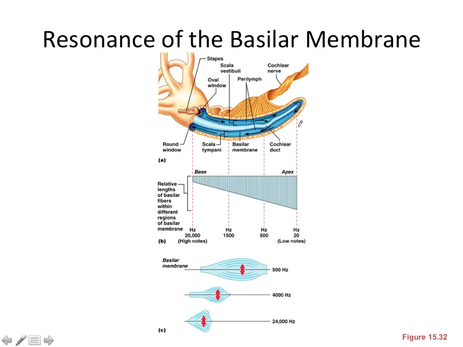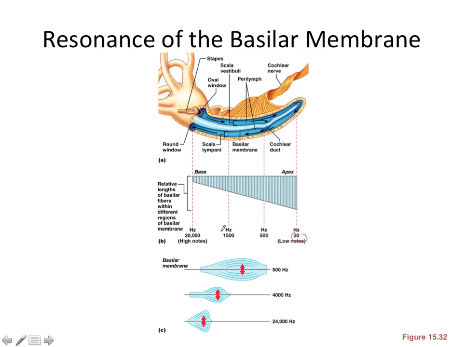However, in the terminal part, the hair length is long. So in the base part, the hair cells are very sensitive to high frequency mechanical vibration. However, in the terminal region, the hair cells are very sensitive to low frequency vibration.